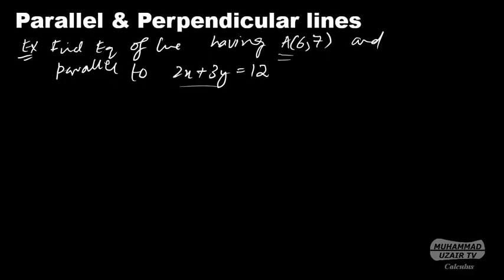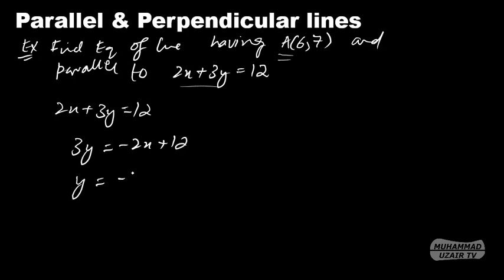As we know, if this line and the line having this point are parallel, the slopes will be the same. So let's first find the slope from this equation, 2x plus 3y is equal to 12. Arranging for y, 3y is equal to minus 2x plus 12.